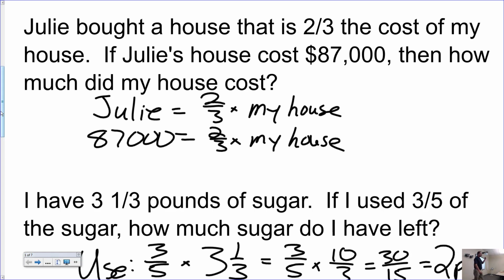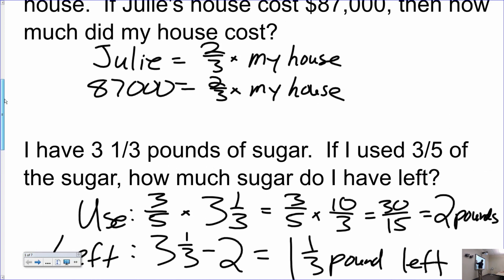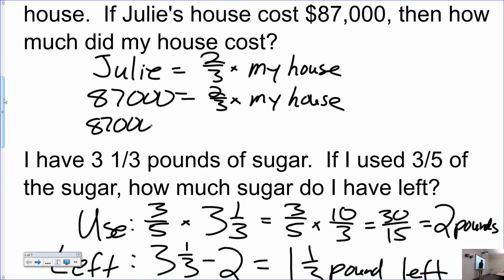How do I get my house by itself? It's being multiplied by 2/3. Divide by 2/3. That's how you do this one, right? 87,000 divided by 2/3 equals my house.